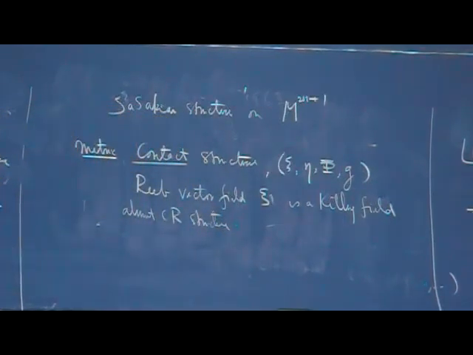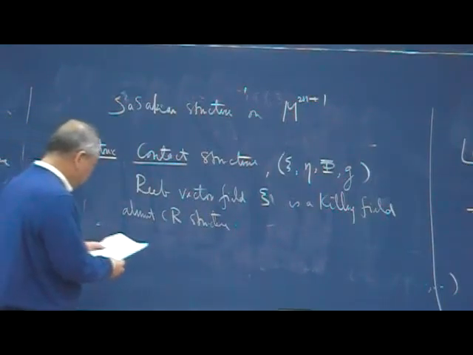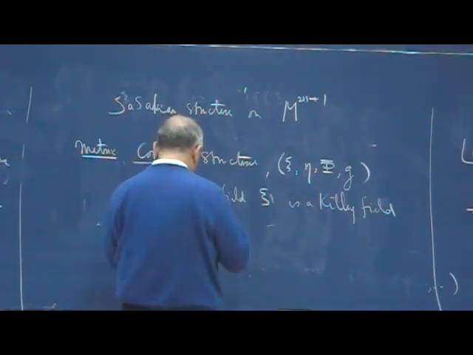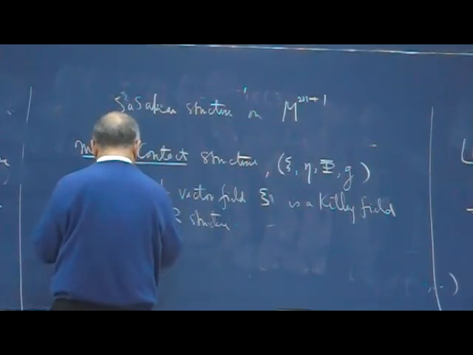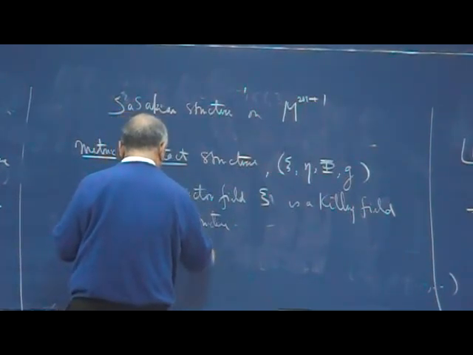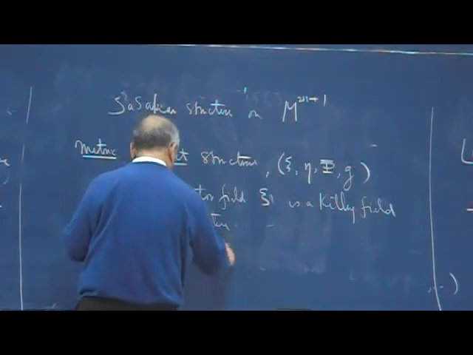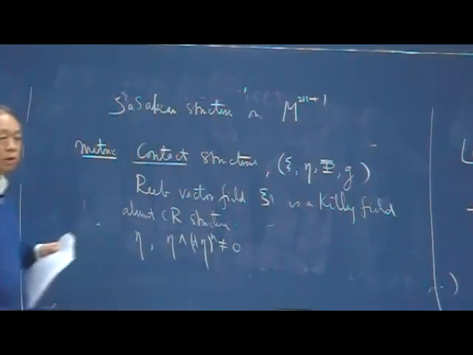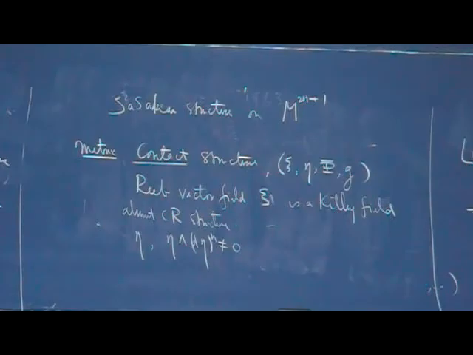On this manifold, there's this one form eta, where eta wedge d eta to the power n is non-vanishing. So that's the contact structure. I postulate that it's the one form eta, so eta wedge d eta to the power n is not 0.